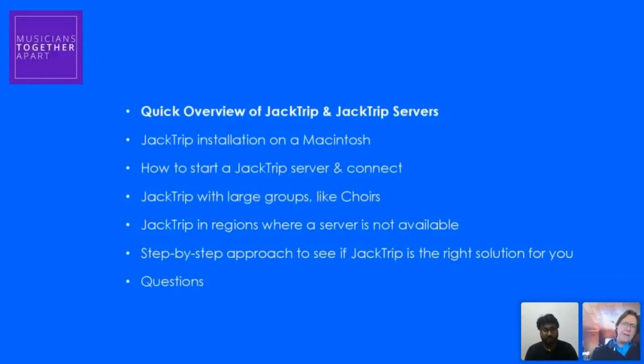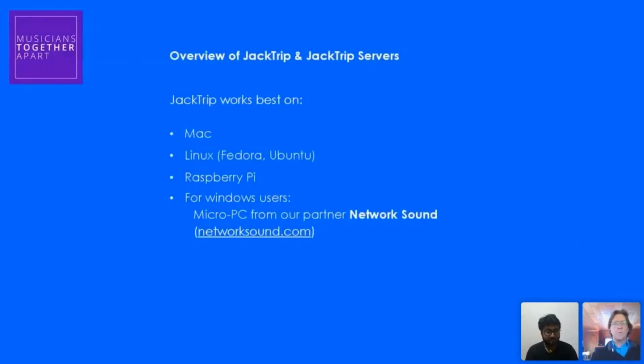Okay. Real quick overview. Right now, JackTrip is open source software. We have taken that and tried to make it a little more user-friendly by having the servers there with a much more user-friendly web-based interface. But in general, there are still issues with using it on a Windows machine, and that's because of Windows.